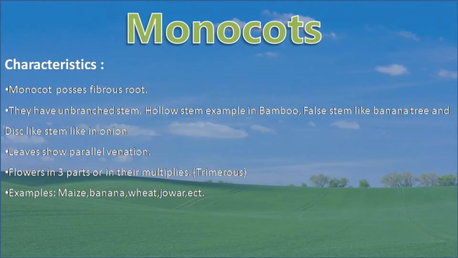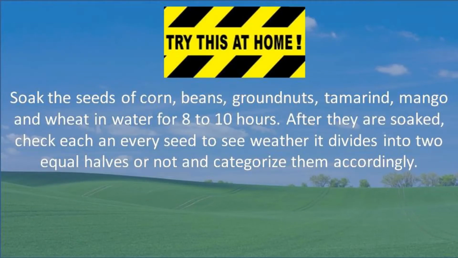Students, yesterday I told you to soak the seeds of corn, bean, groundnut, tamarind, mango, and wheat in water for 8 to 10 hours. Now see which seeds have two parts and which have only one part, whether they divide into two equal halves or not.